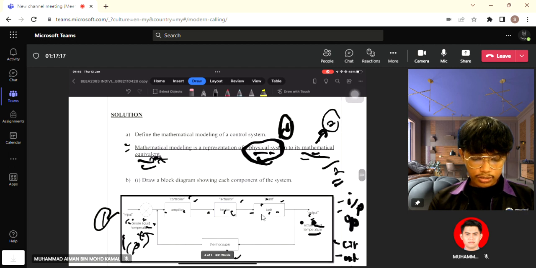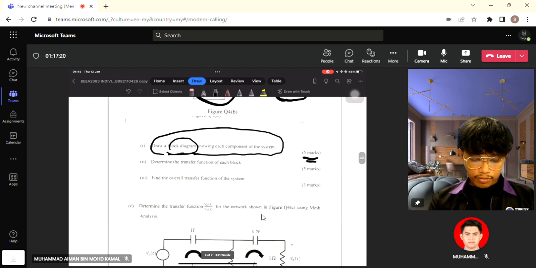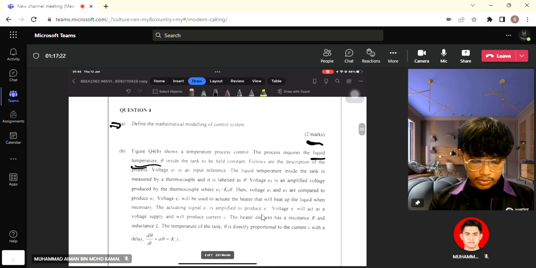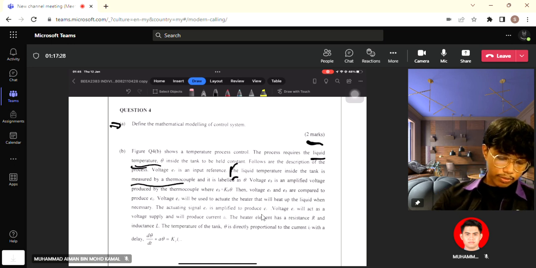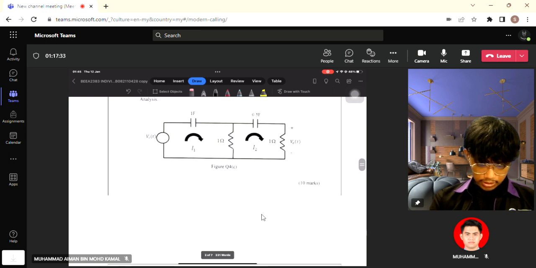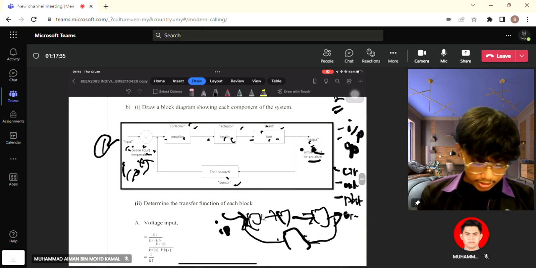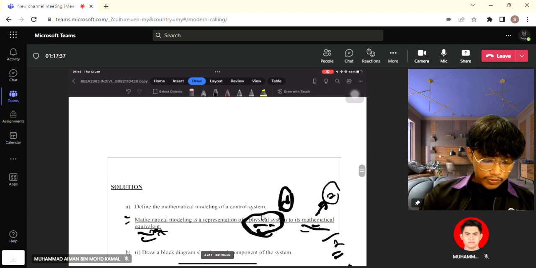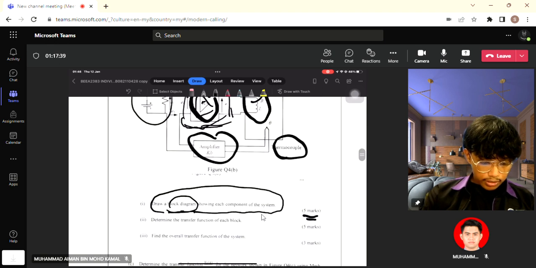Thermocouple is the sensor. So what is the sensor? From this paragraph, we can see the liquid temperature inside the tank is measured by the thermocouple. So the thermocouple is the sensor, right? So we settle A1, A2, and B1.